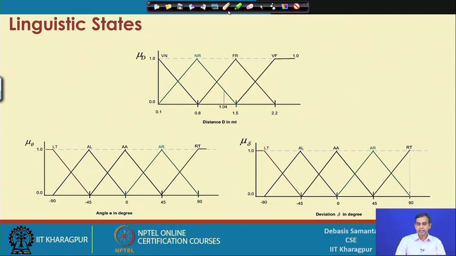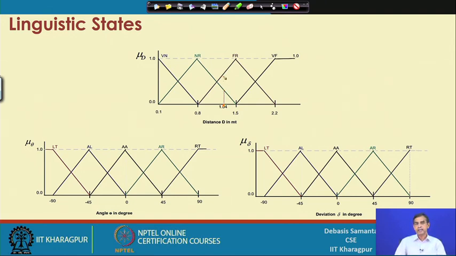Now, for an example, here as we have considered, d is 1.04, this is the crisp input so far as the distance is concerned, and so far as the fuzzification is concerned. So, d = 1.04 is this element, and this element has two fuzzy states, namely near and far, because it covers both.